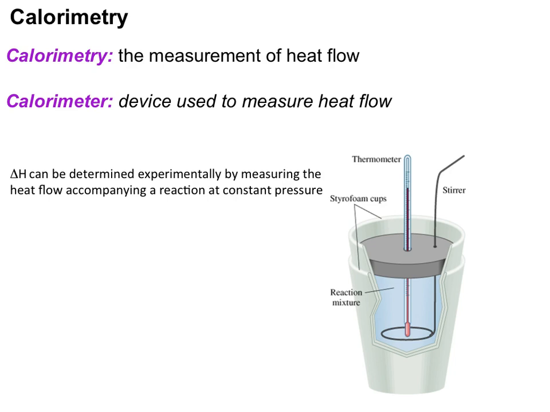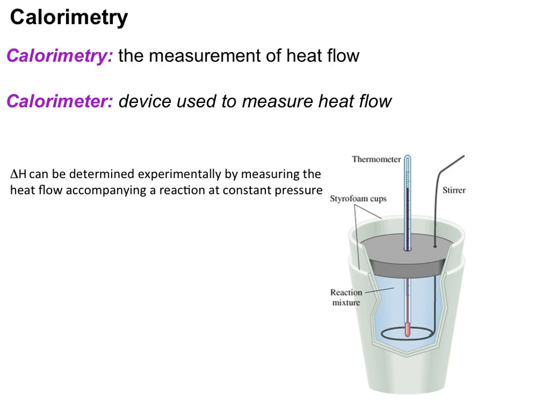This is a constant pressure calorimeter. Notice you have a solution or water. You have a thermometer to keep track of the temperature changes when heat is released. You have a stir, and you have styrofoam cups and a lid.